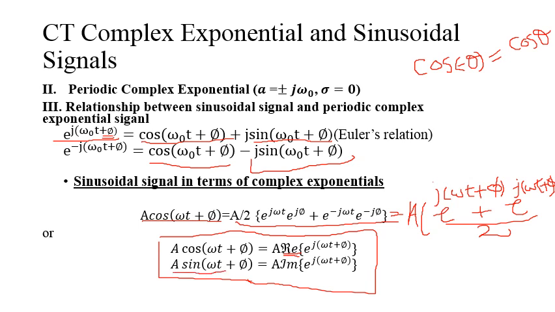Similarly, sine theta, if I call this whole thing theta, is basically the imaginary part of the complex exponential signal, because the complex exponential signal has a real part and an imaginary part. So cos is the real part and sine is the imaginary part. I hope this gives you some idea.